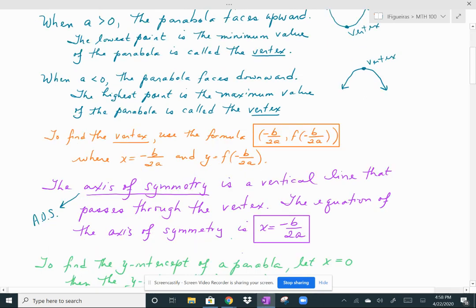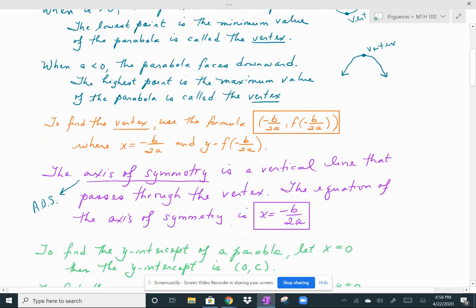The equation of the axis of symmetry is x equals negative b over 2a. That's how we state vertical lines, x equal to a constant. And it's no coincidence that it's the same number we found to find the vertex, because it passes through the vertex.